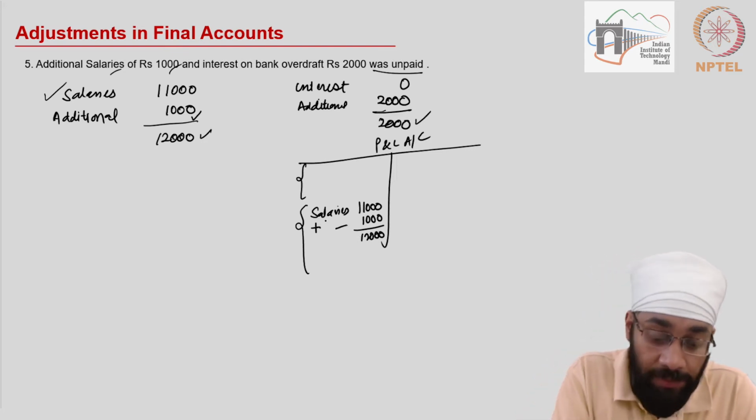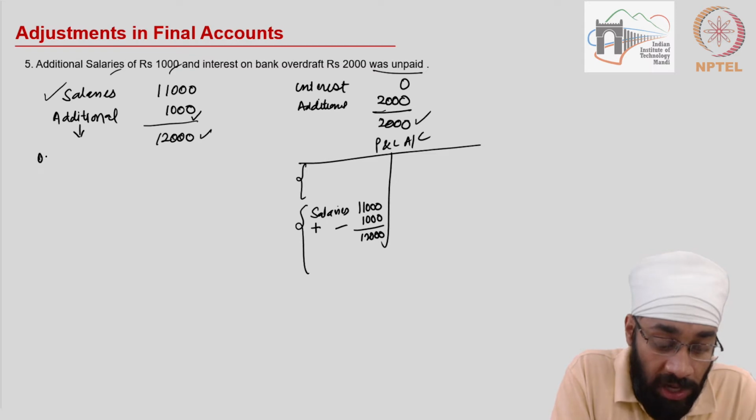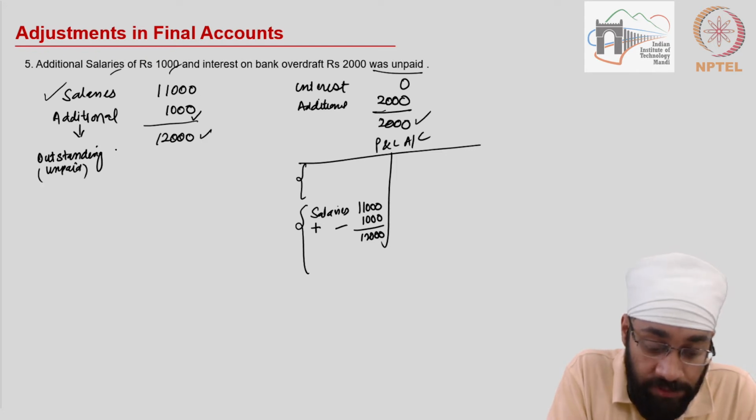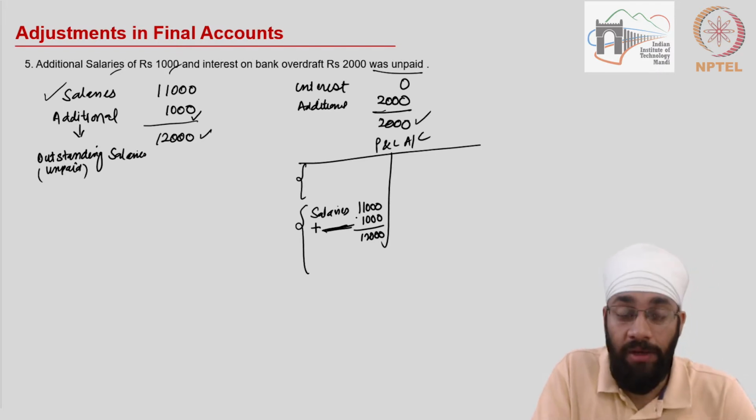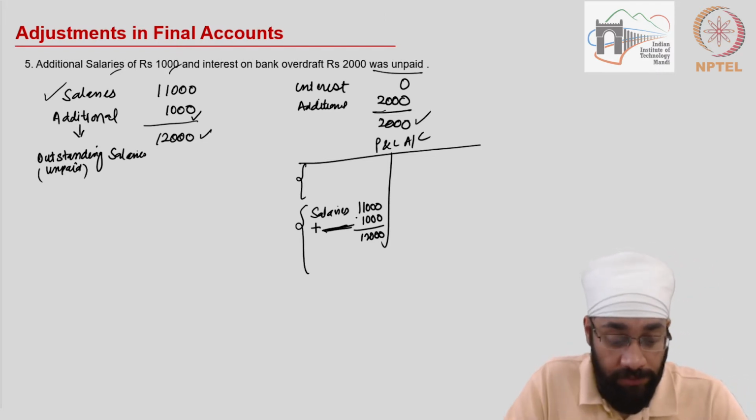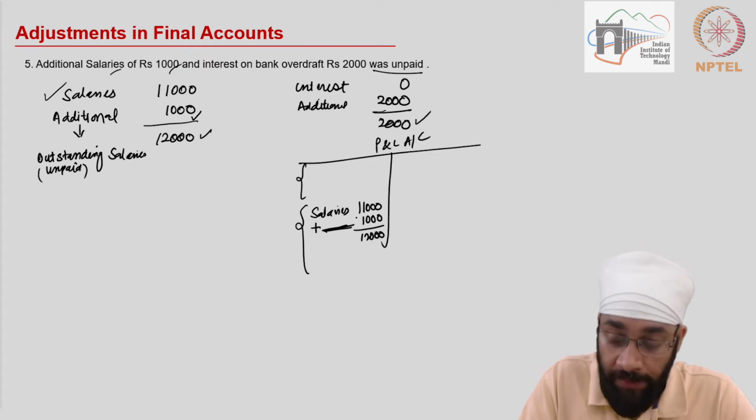And this additional amount is going to be called outstanding. Outstanding means unpaid. So this is unpaid salaries. Outstanding salary. We're going to write that name here, and we'll do this when we do the practice problem.